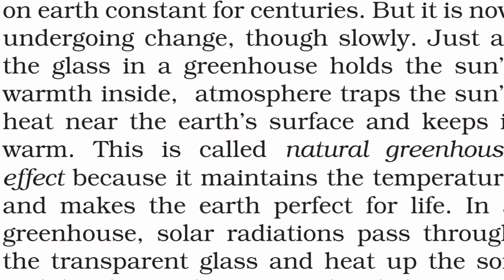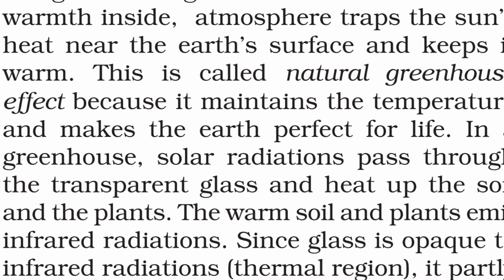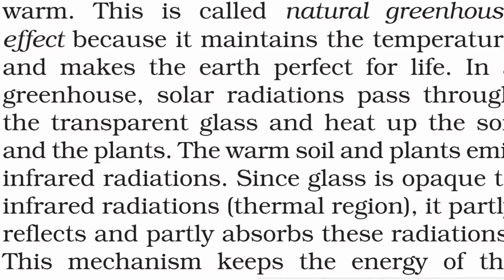In a greenhouse, solar radiations pass through the transparent glass and heat up the soil and plants. The warm soil and plants emit infrared radiations. Since glass is opaque to the infrared radiations of the thermal region, it partly reflects and partly absorbs these radiations. What happens, students? When sunlight comes from the sun, it comes in the form of visible radiations.